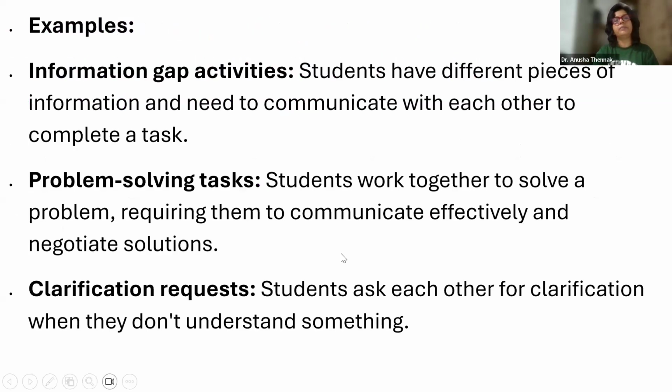We'll see the examples. Okay, we'll understand these examples.